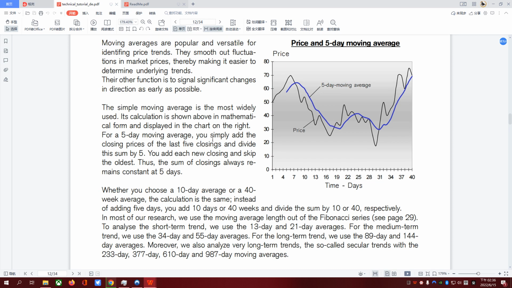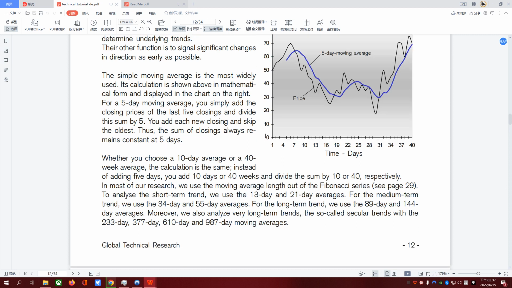So it's so difficult to use moving average to time your trade. Okay, so for 5-day moving average, you add those closing prices for the last 5 closings, divide them by 5, right? Simple math, you get the amount, and you are able to draw that 5-day moving average yourself.